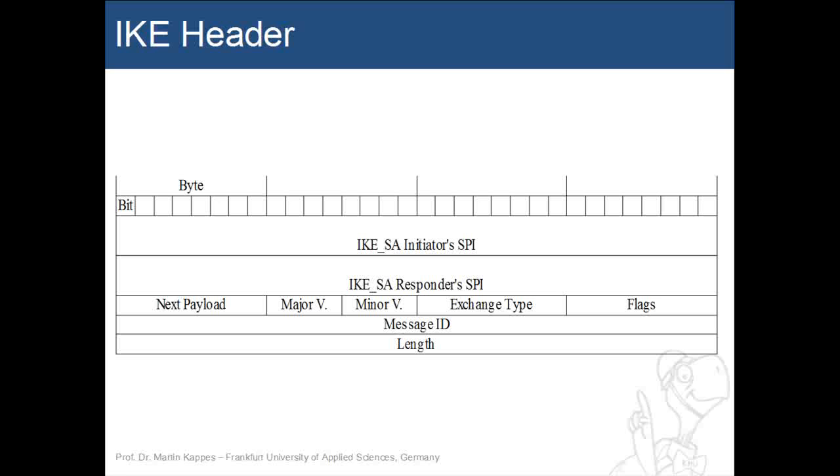And for instance, this can be an Internet Key Exchange initialization, can be authentication, and other things. There are also flags, and there also is, that's important, a message ID, which is basically mirrored in order to identify a request and the corresponding response.